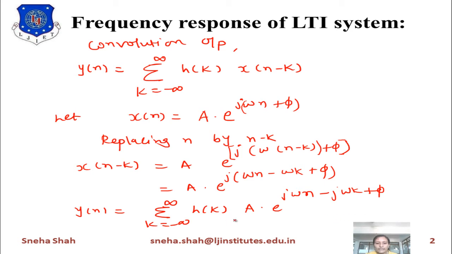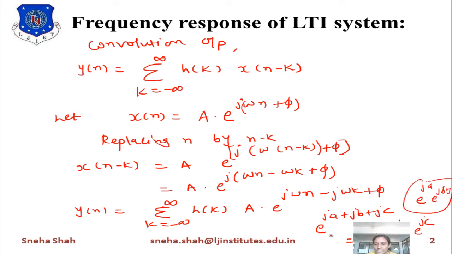Now you can see that this value can be rearranged like this. Suppose you are given e raised to j a plus jb plus jc, then you can write it as e raised to ja into e raised to jb into e raised to jc. Or you can also write this term as e raised to ja into e raised to jb plus jc.